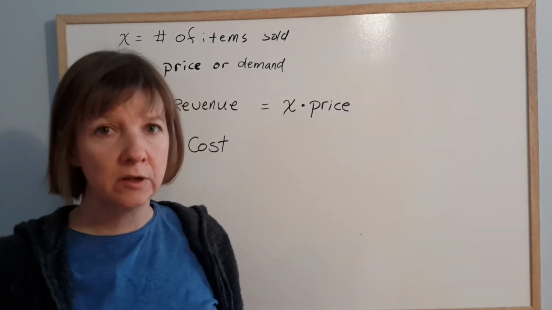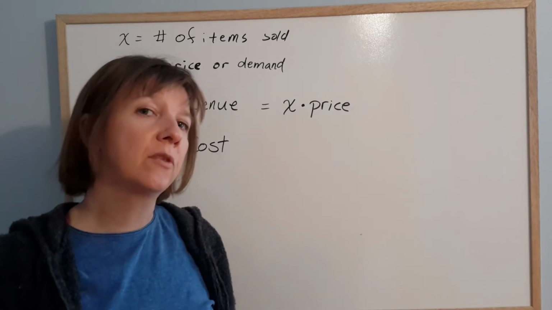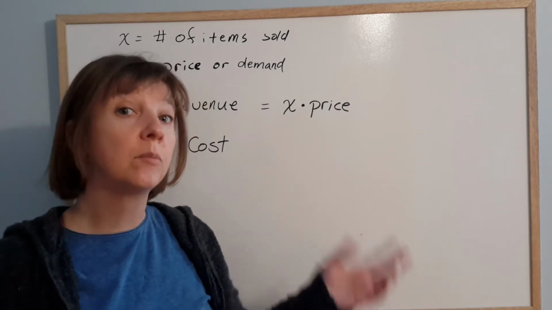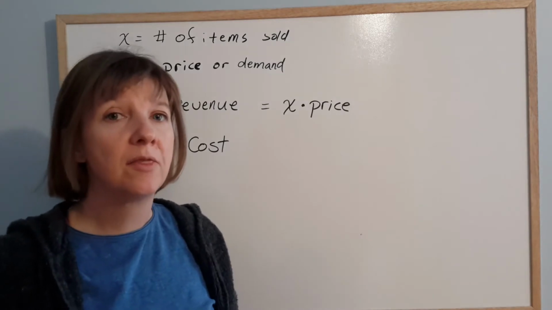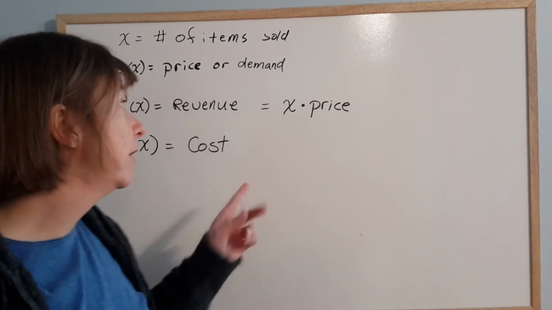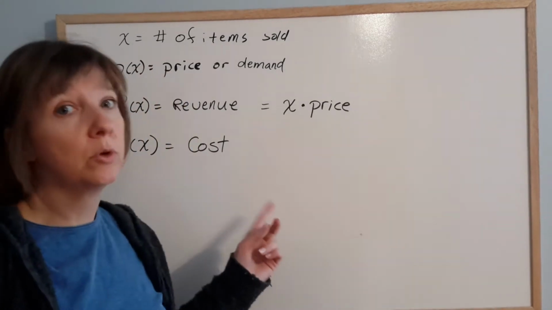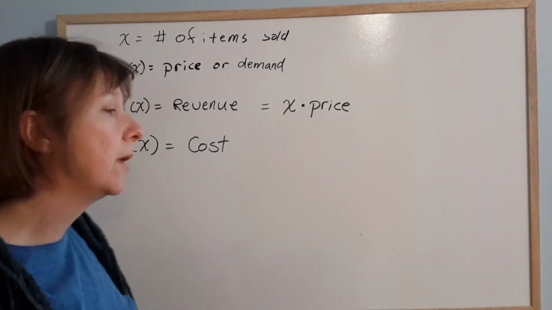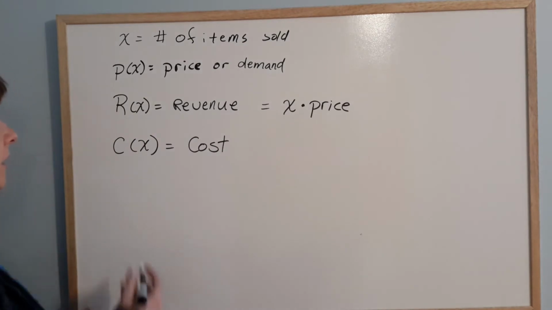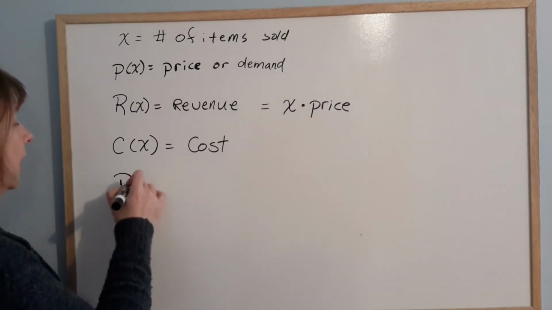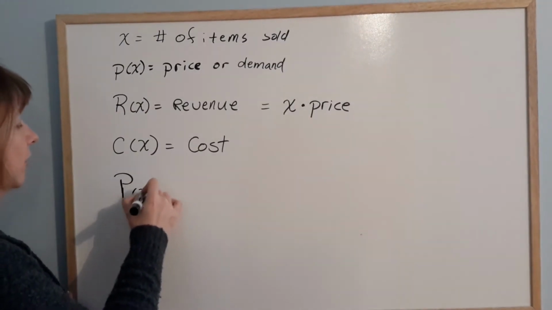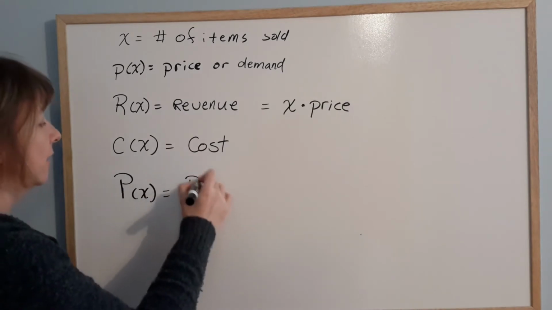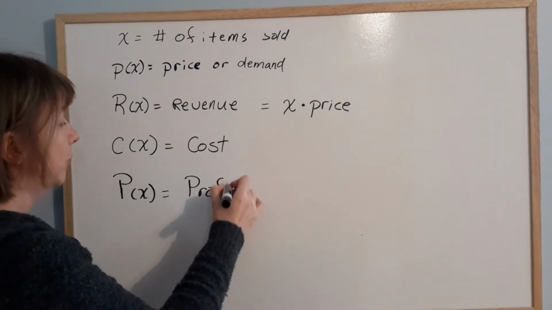I'll have to pay electricity to keep the lights on. All those things that you have to pay for out of your revenue are your costs. This formula will be given to you. There's no way to figure it out. The last one is a capital P instead of a small p, and that stands for profit.